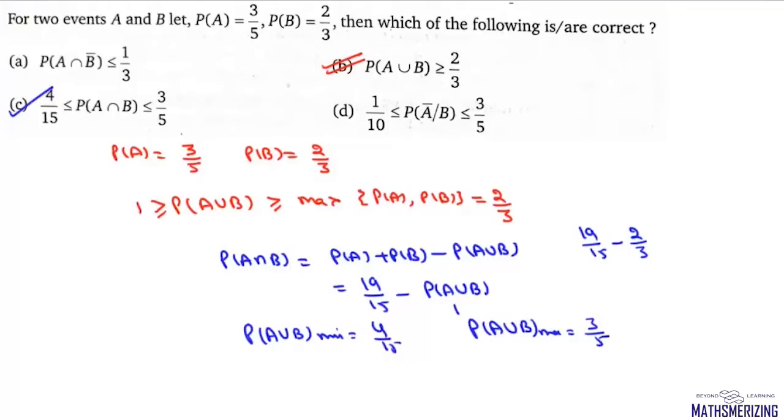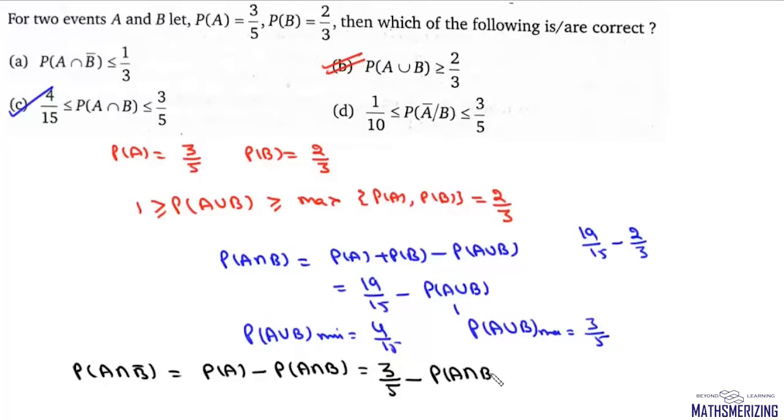Now we look at the probability of A intersection B naught. The probability of A intersection B naught is the probability of A minus the probability of A intersection B. Now the probability of A is 3 by 5 minus the probability of A intersection B. Now we are looking for its maximum value. Its value will be maximum when the value of A intersection B is minimum.